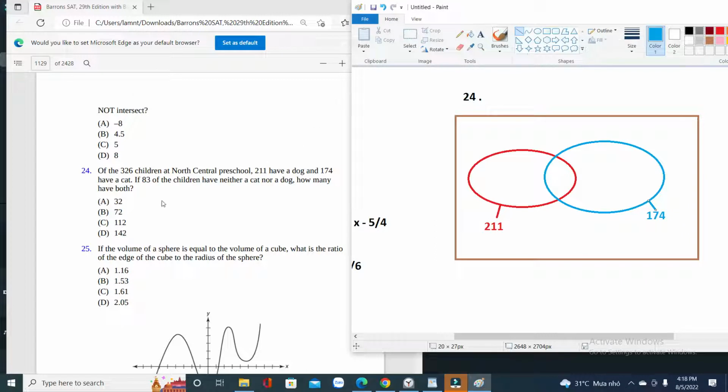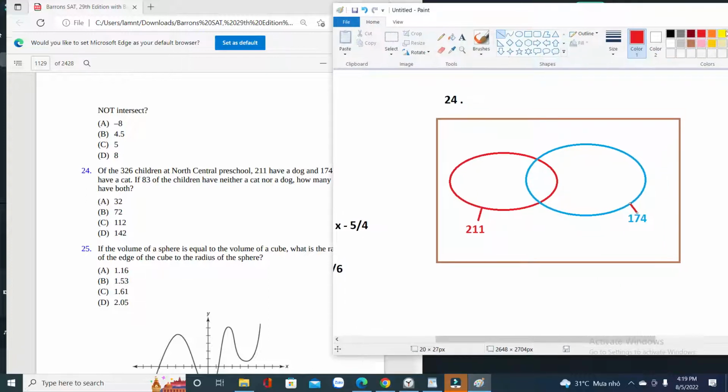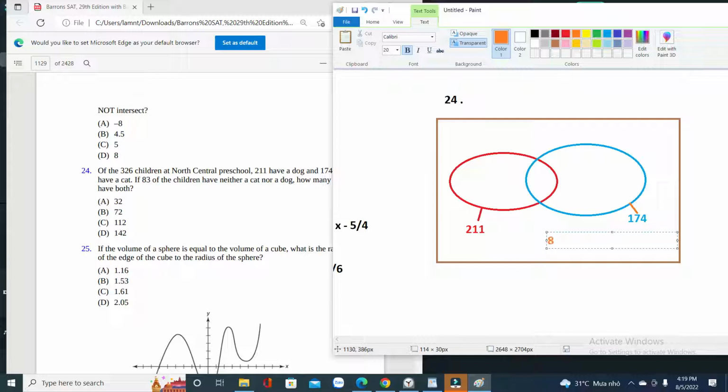And 83 have neither a cat nor a dog, which I'm going to denote with another color, like orange, and that's 83.